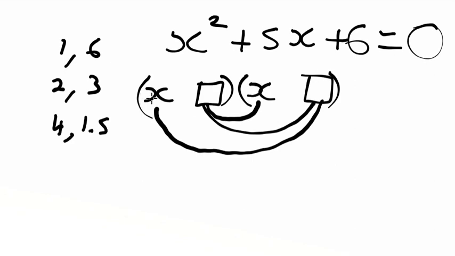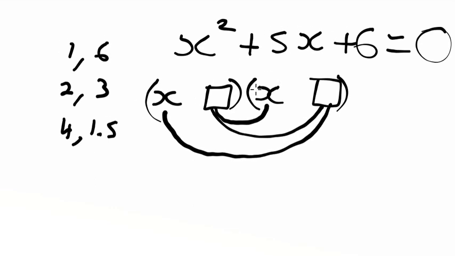Okay, so the x multiplies with the x in the first bracket and the second bracket. Those x's, they multiply to make x squared. The two numbers multiply together to make the number on the end, the 6, and then the two numbers multiply with the x's from the other brackets to make the term in the middle, in this case 5x.